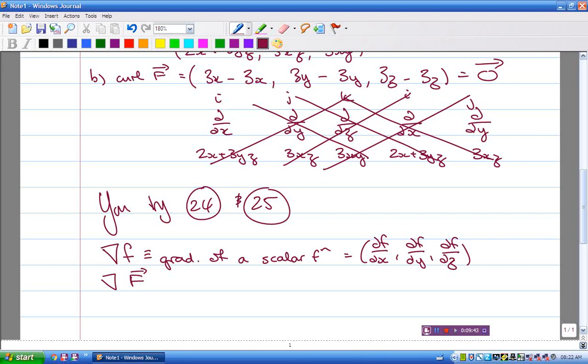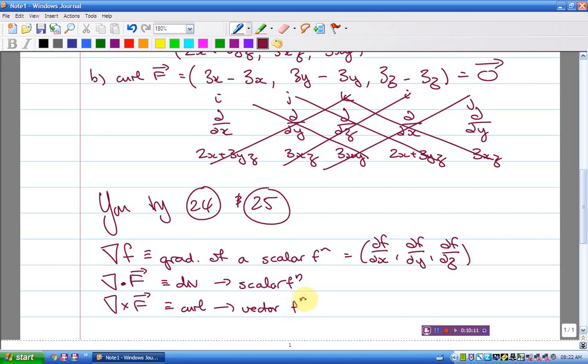You can't have grad of a vector field. So you've got to have that symbol in between, and of course there's a choice of two symbols. That top one is div, and that bottom one is curl, and you get the one with what looks like a dot product, and the other one what looks like a cross product. And this will give you a scalar function, and this will give you a vector function.